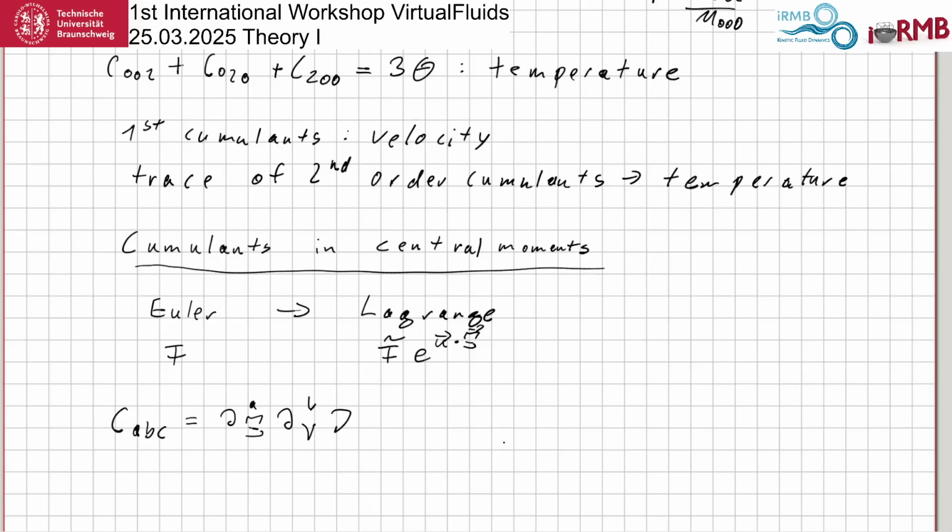If you write down the definition of cumulants, and we now take the logarithm not of f, but of f with this tilde, u times e to the power of u times c, so this is the moved coordinate system, and this again we evaluate at xc equal to 0. Now we have a logarithm of a product, and then we have a logarithm of an e function, right?